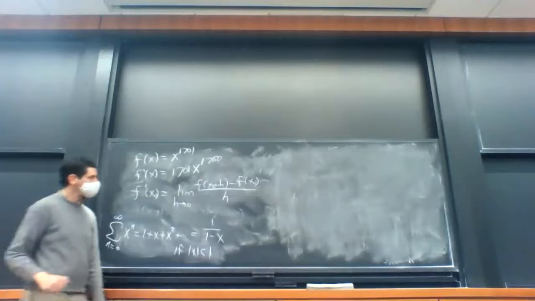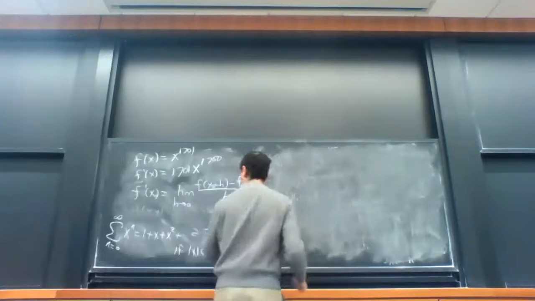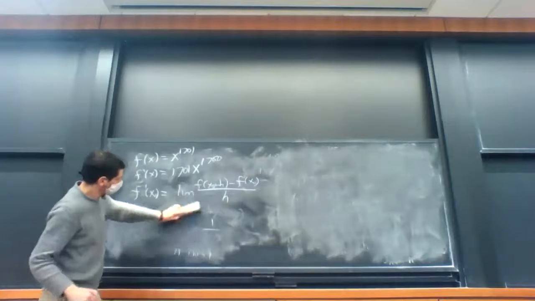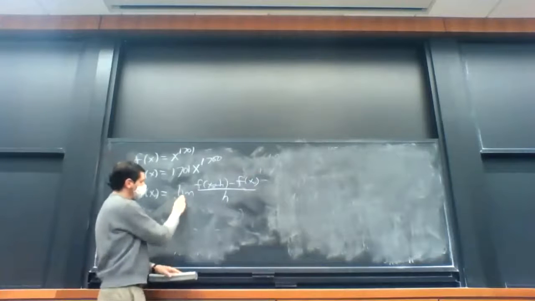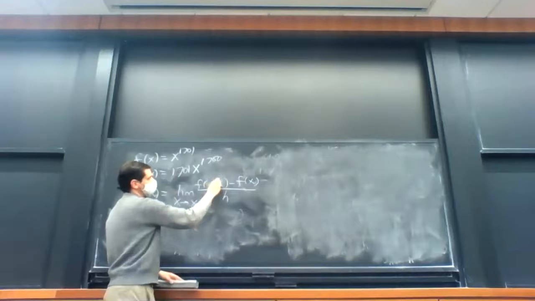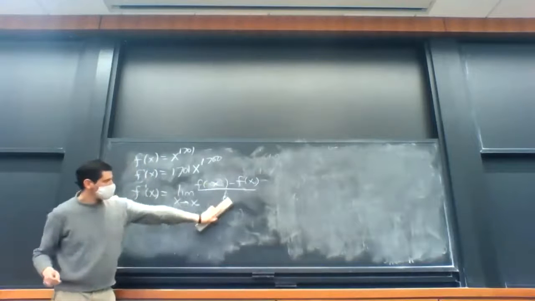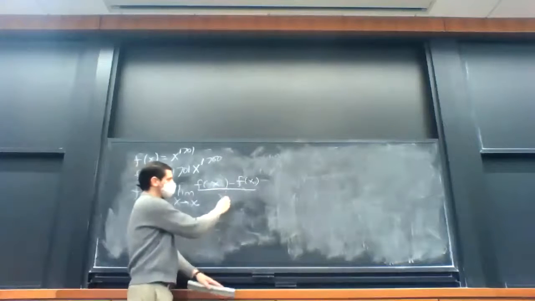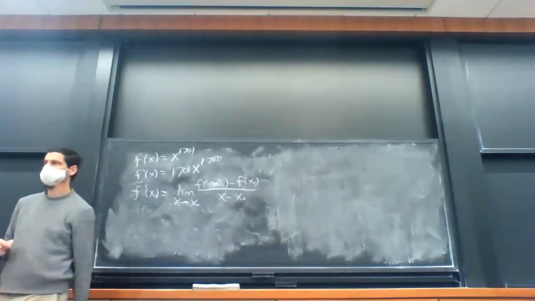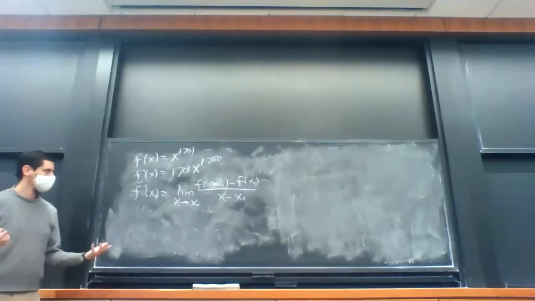No. And instead of saying h going to 0, let's have x goes to x naught. And the h would become x minus x naught. Does that make any difference?